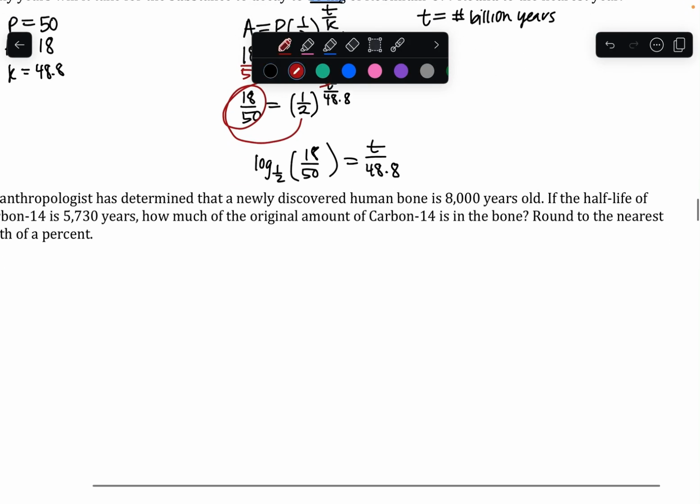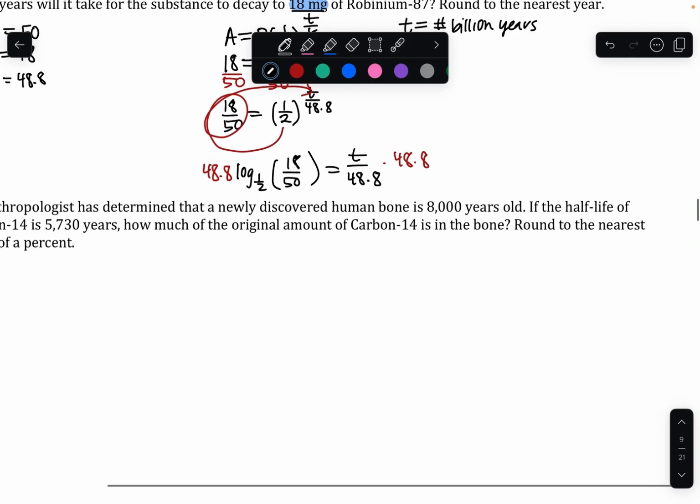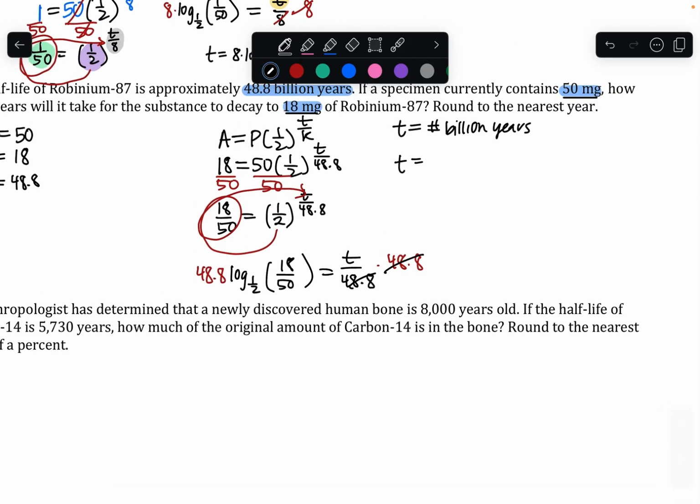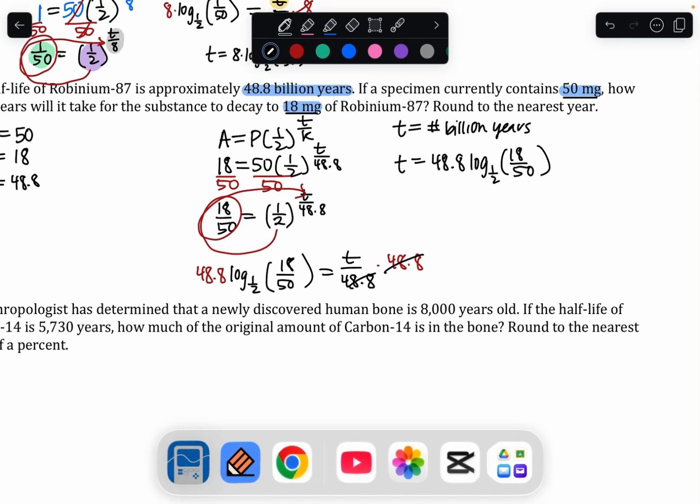And so now we just need to multiply both sides by 48.8. Okay, and so t is 48.8 times log base 1/2 of 18 over 50. So we can go and type that into our calculator.